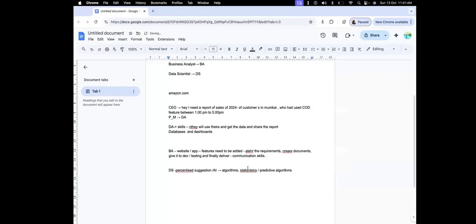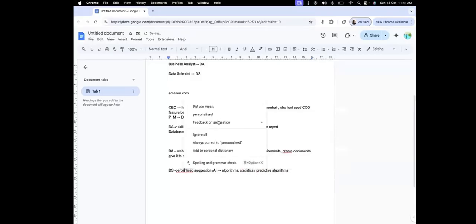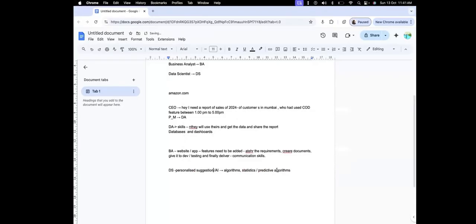If you have a very good hold on logics, you like creating algorithms, you like working on statistics and maths, and you're superb with it, then you should go for the data scientist role. For data scientist, you first have to be very good with your DA skills, and then you can jump onto the data scientist skills. So that is the bifurcation between all these three roles.